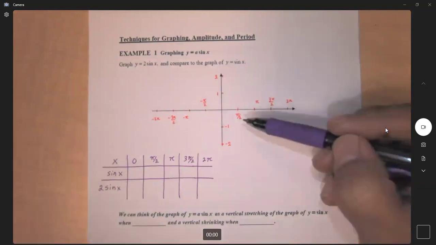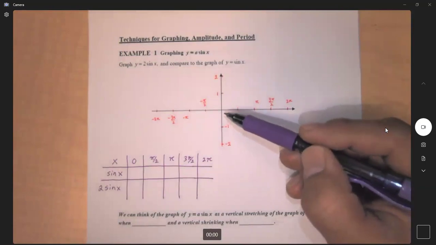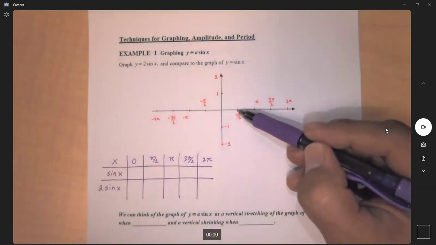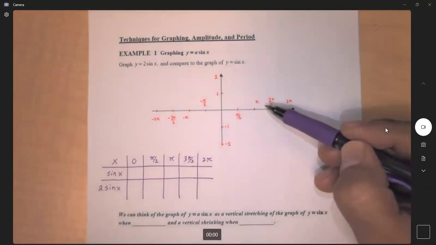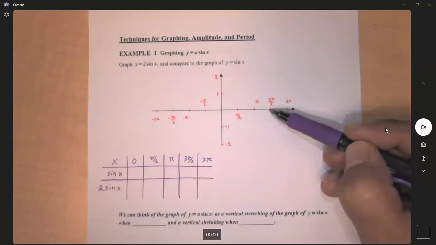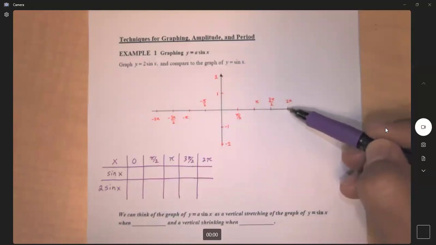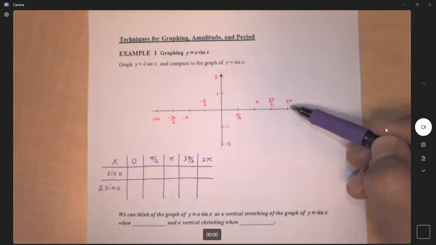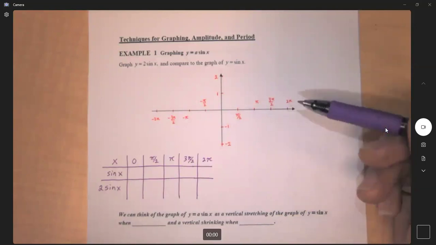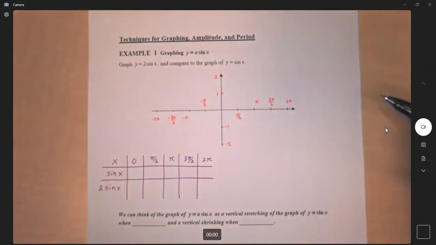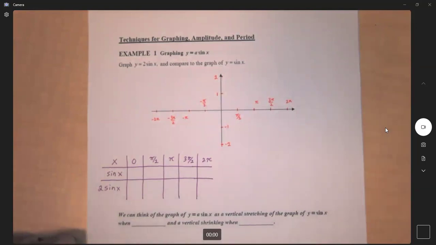So if you follow my pen here, from 0 to pi halves is 1 interval, and then from pi halves to pi is another interval. From pi to 3 pi halves is a third interval, and then from 3 pi halves to 2 pi is the fourth interval. It's very important that you know how to break up based on the period into 4 intervals, and it's just arithmetic. So I hope you get the hang of it.